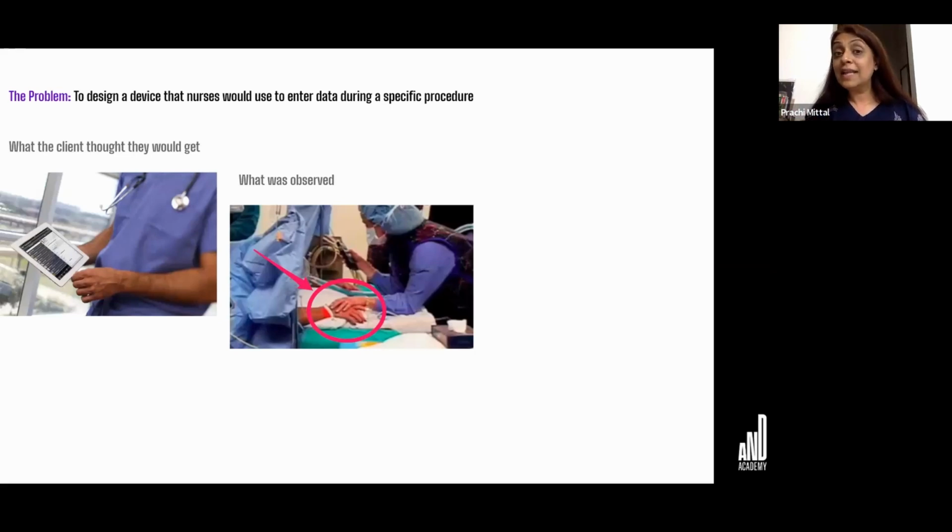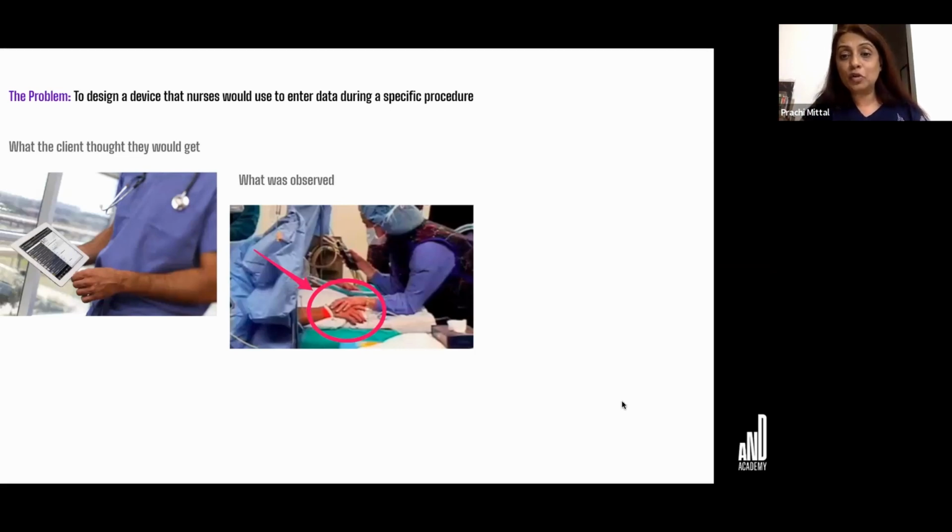And they realized that they need to design something which can be operated in this situation when the nurse is also calming down or taking care of the emotional needs of their patient, and also be able to enter the data. So what did they come up with?